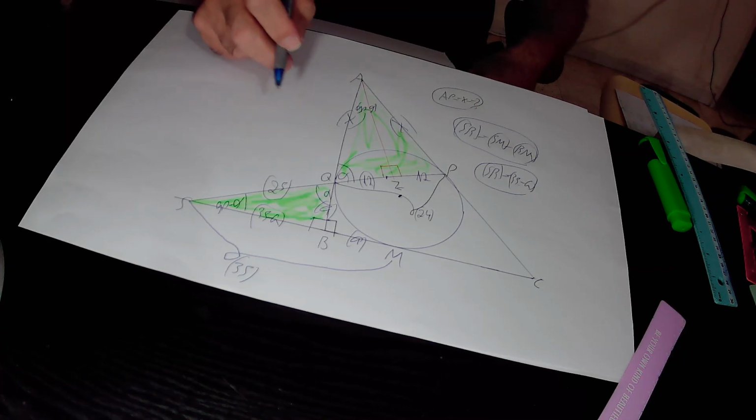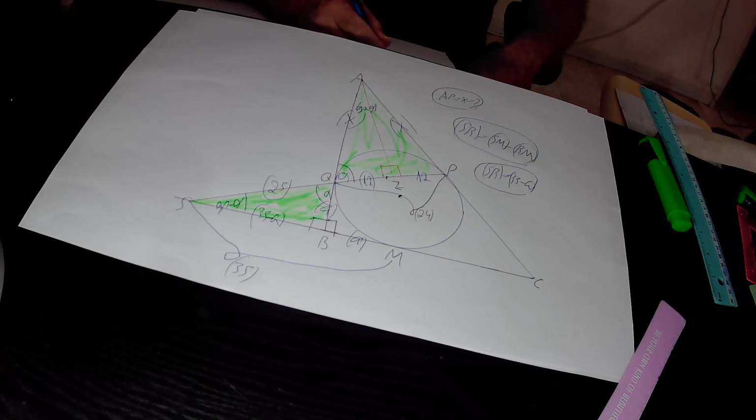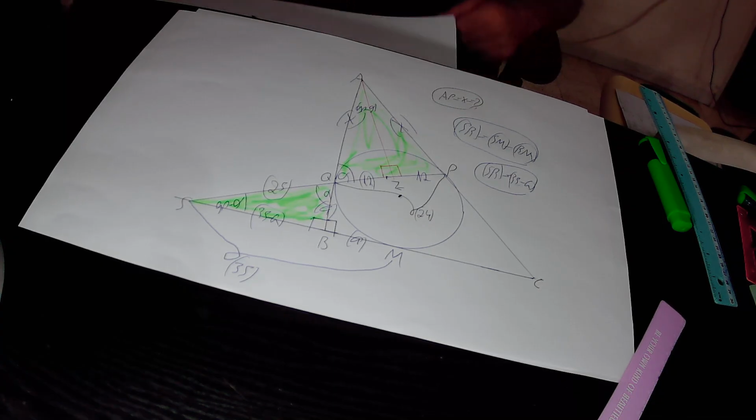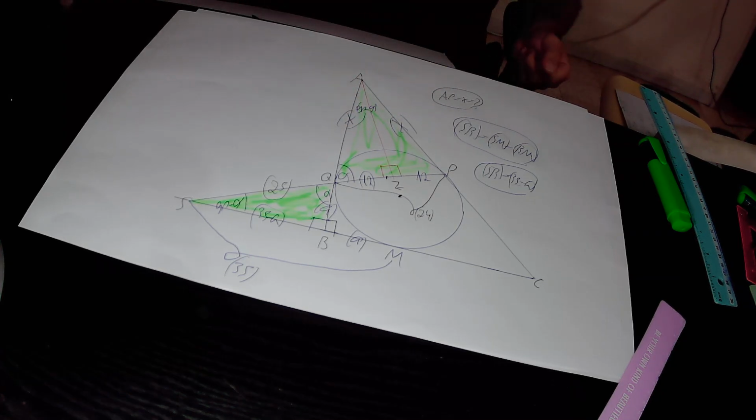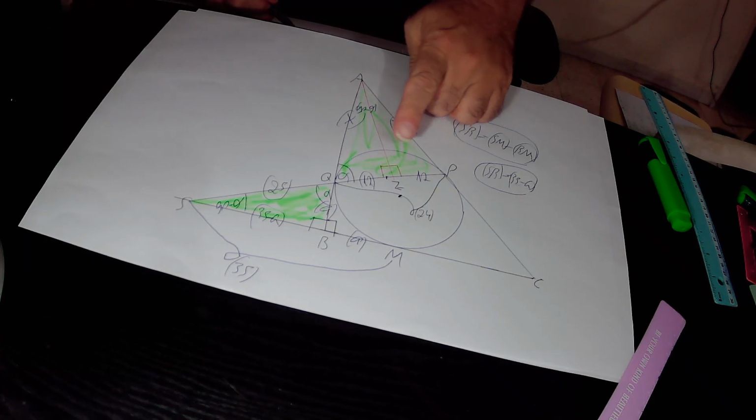We derive that side QS of this triangle QBS over side AQ of this right triangle AQZ is equal to side QB of this small triangle QBS over side QZ of this right triangle AQZ.